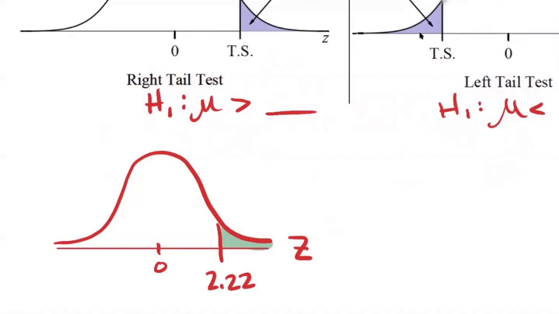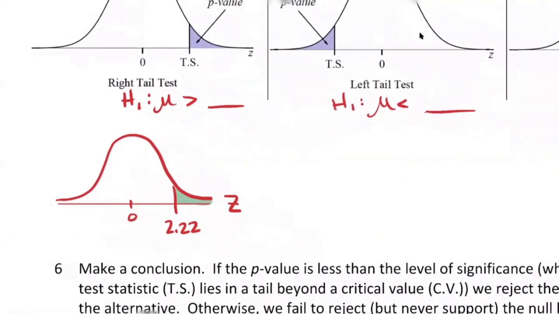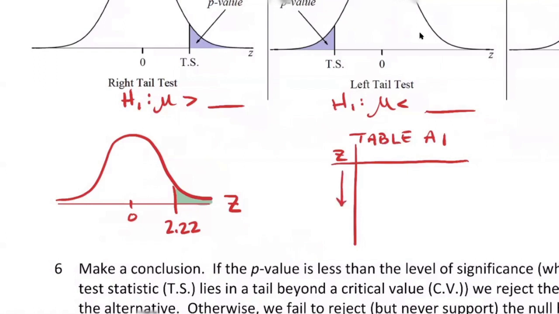Okay, any questions about that? Table A1 has areas under the normal distribution. So you just find your z-score, which is 2.22, this way.